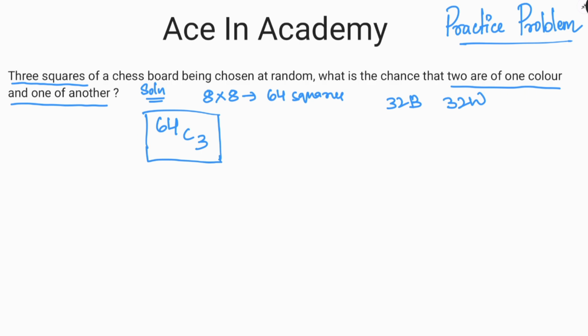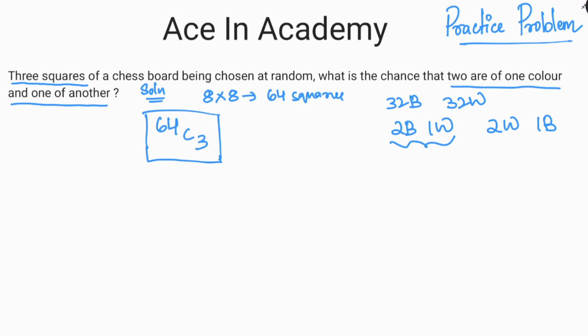Now we have to find our numerator. What is the chance that 2 are of one color and 1 of another? In how many ways can we do that? We can select 2 black squares and 1 white square, or 2 white squares and 1 black square. If we have 32 black and 32 white, then the number of ways of selecting 2 black and 1 white square and 2 white and 1 black square will be equal. So we just have to find it for any one of them and multiply it by 2.